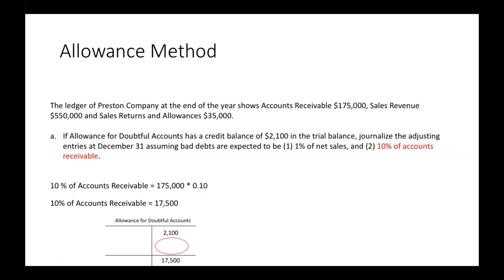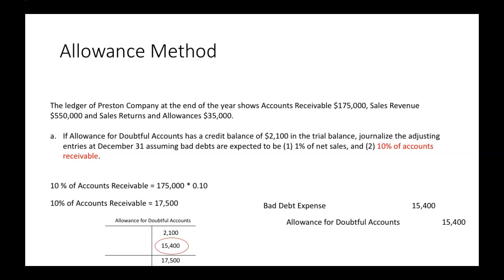Well, to find that amount, we're going to subtract our two numbers that were given. So 17,500 minus 2,100. And we see that we need to credit an additional 15,400 to our allowance for doubtful accounts. So we debit our bad debt expense and credit our allowance for doubtful accounts, just like last time.